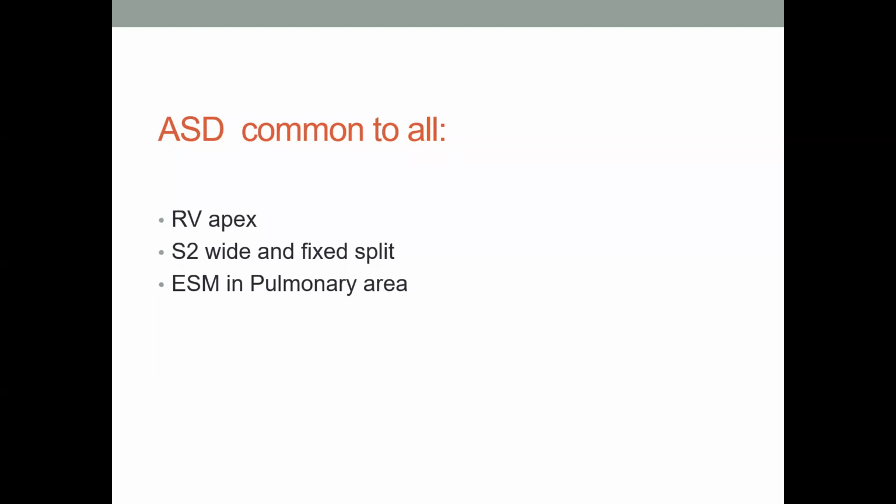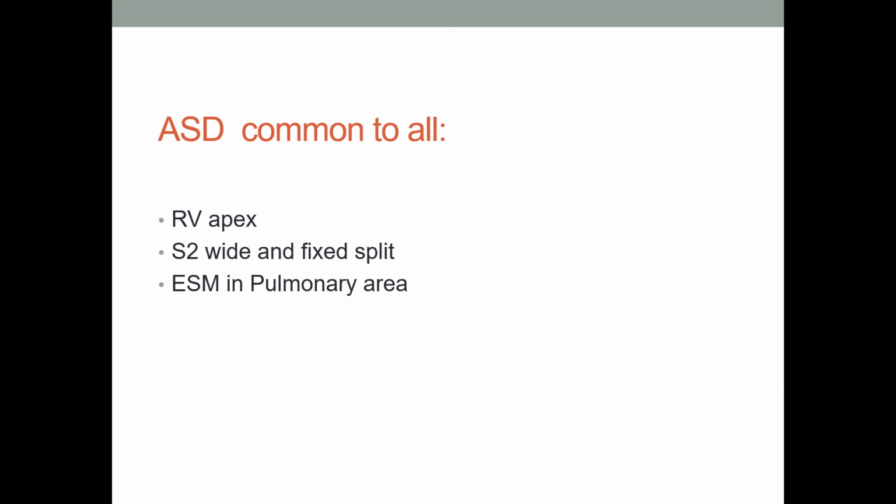What is very important after closure: it's still wide, but it's not fixed. It is wide variable. The reason being the distal circulation beyond the ASD, that is the pulmonary vasculature, doesn't become completely normal. There is some change which occurs in the vasculature. So whether you close or not, the vasculature doesn't become normal, but the fixed nature goes.